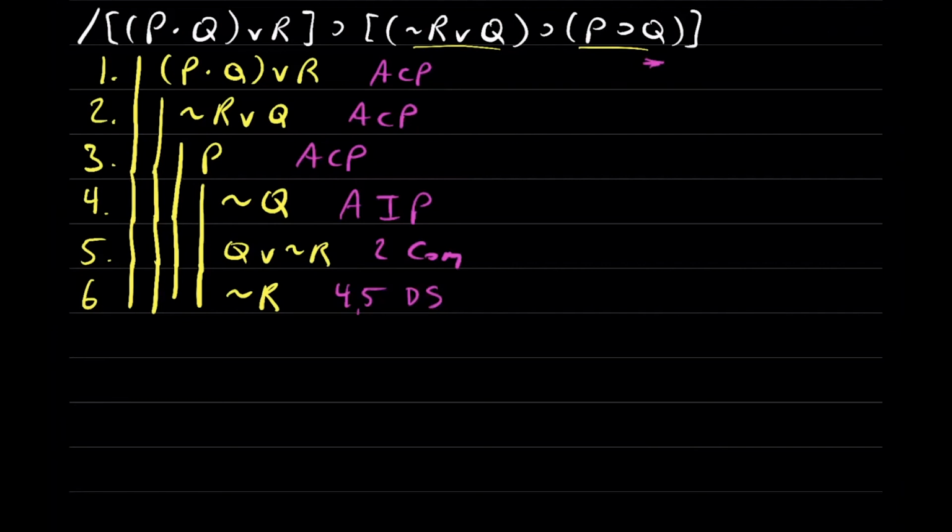Now look what I have. I have not R, which is the negation of one of the disjuncts on line 1. So I could do disjunctive syllogism on that as long as I get that R on the left side of the disjunction on line 1. So I need to do commutativity on line 1, rewriting it so R is on the left. R or P and Q. Okay, line 1 by commutativity.